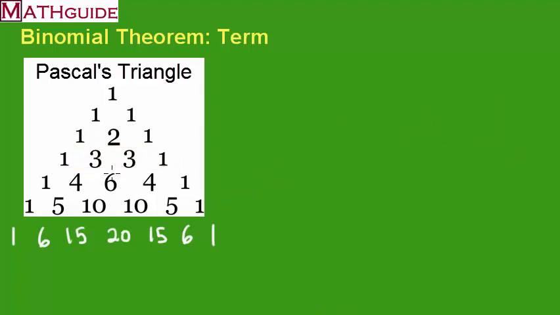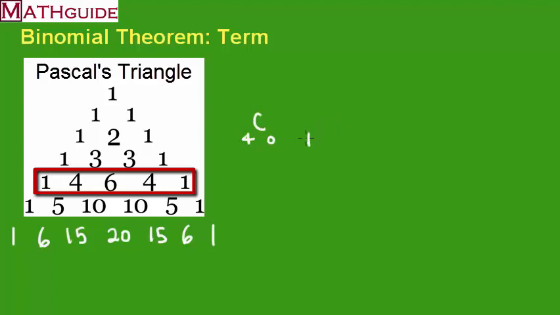If I wanted to reproduce the next row, I would just have to use a different value. This is now 4 choose 0, 4 choose 1, 4 choose 2, 4 choose 3, and 4 choose 4.